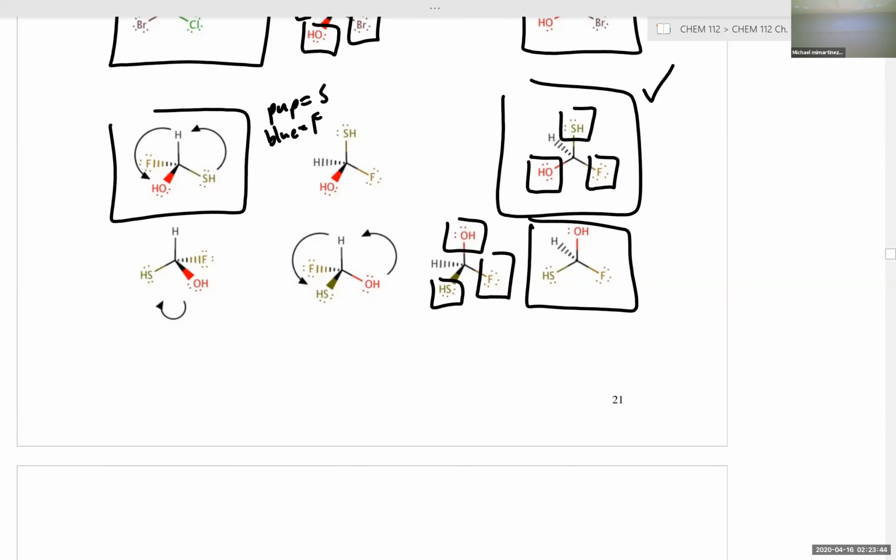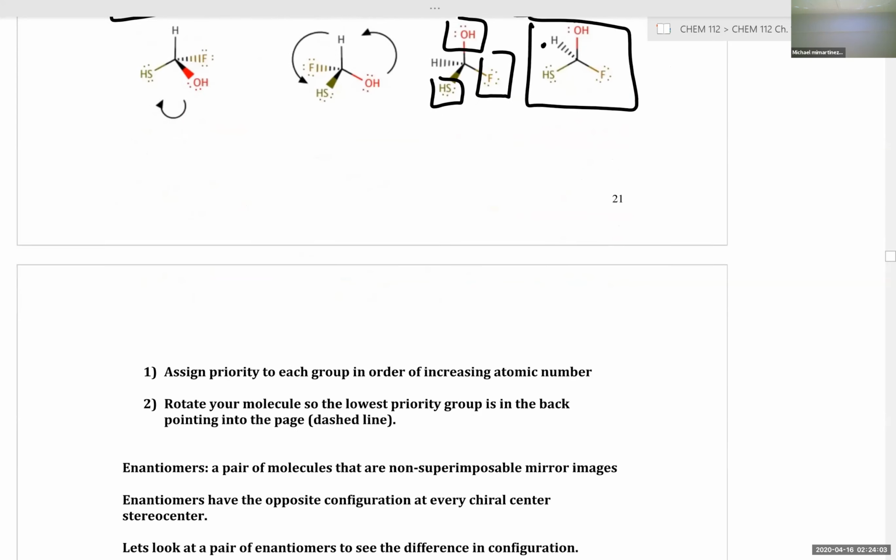And in the standard method for assigning configuration, your hydrogen is in the back. This is just the standard method for assigning configurations for centers. So we need to rotate our molecules so the hydrogens are in the back for all of our stereocenters. Don't worry, we're leading up to it.